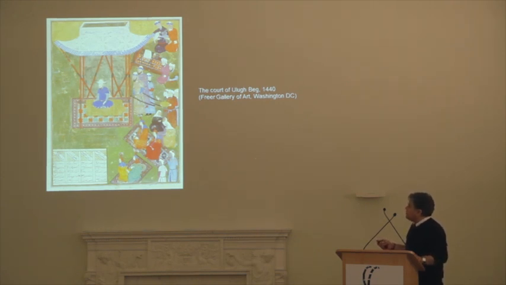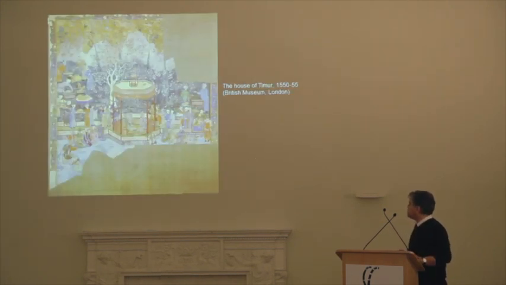This is a 15th century painting. And look at the geometric patterns of the organization of these carpets, the seating pattern here. Obviously, it may have more to do with the composition of the painting rather than the reality of the behavior or the sitting style within the court.